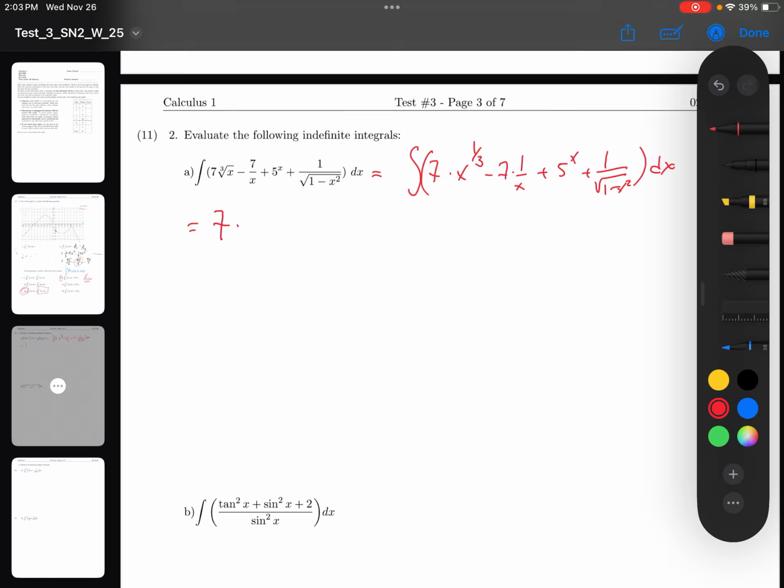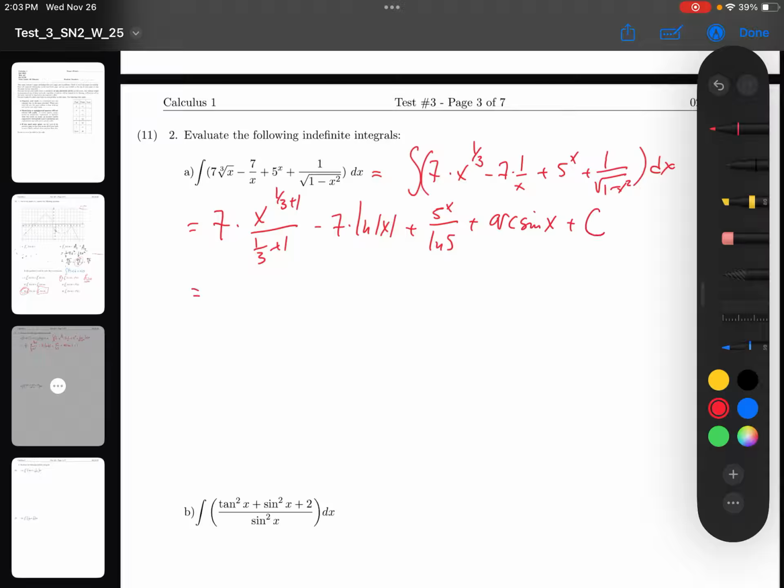antiderivatives. So 7 times x to the power 1/3 plus 1 over 1/3 plus 1, minus 7 times ln of absolute value of x, plus 5 to the x over ln of 5, plus arc sine of x. And then this is an indefinite integral, so don't forget the constant of integration.